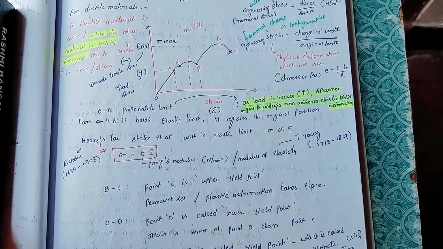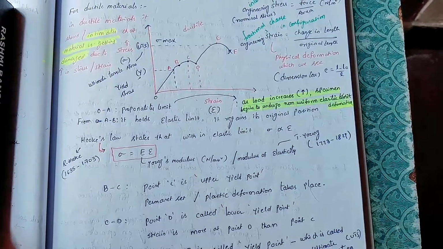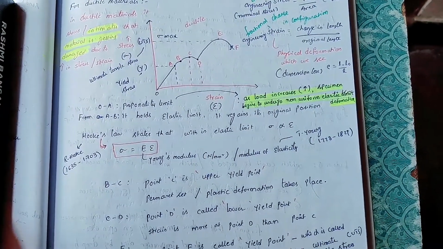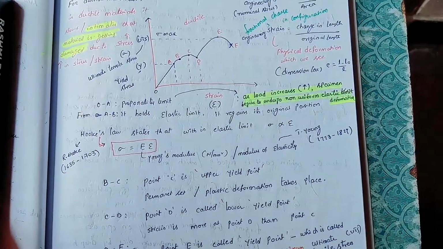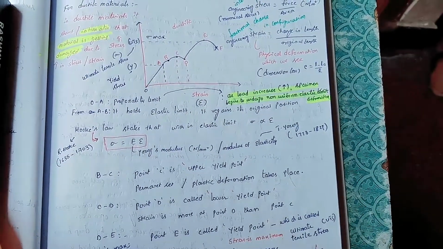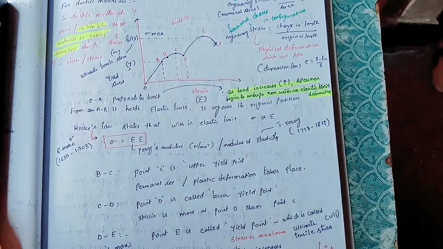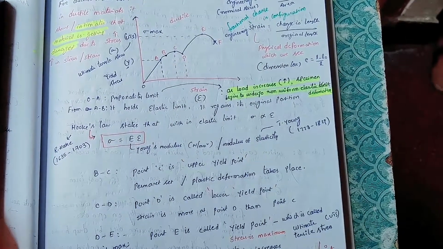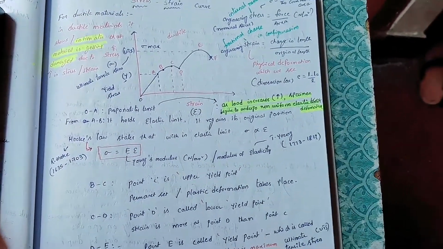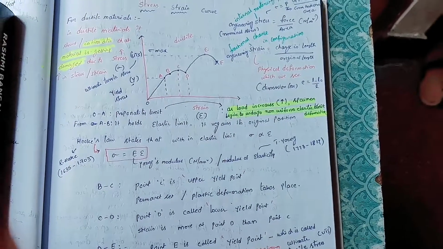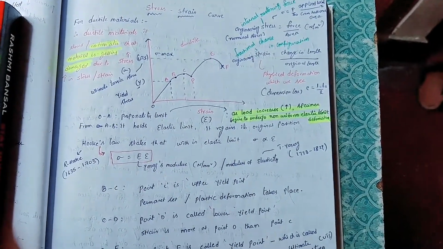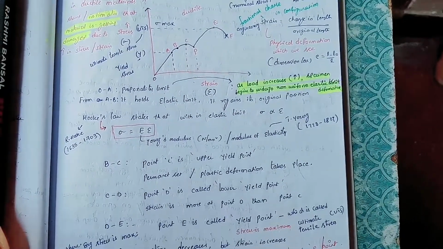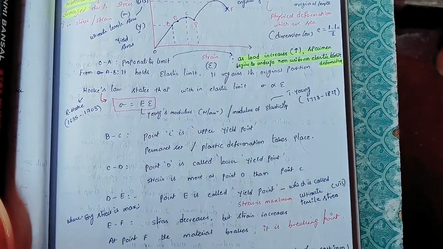However much load is added, that much elongation is done within that O to A limit. From A to B, it holds the elastic limit, meaning it is beyond the proportionality limit, and as the load is applied, it elongates. But if we remove the load, it gets back to its original position.